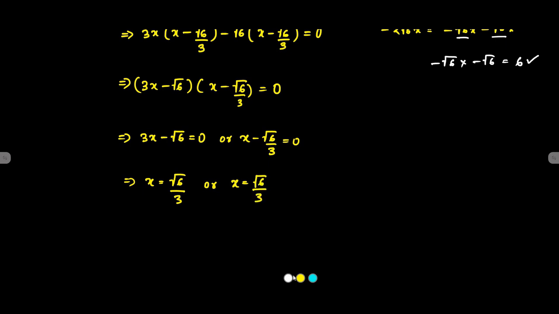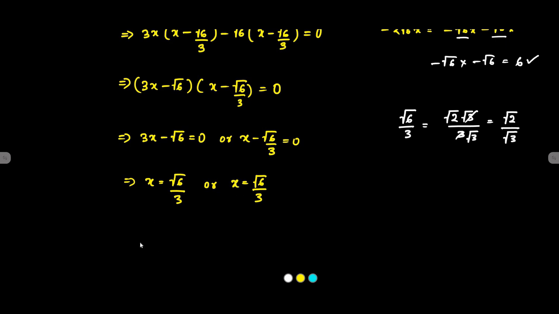Now here both the values of x are the same. So here root 6 by 3 is root 2 by root 3 by 3. So here it is root 3. So it is root 2 by root 3. Okay, root 2 by root 3.